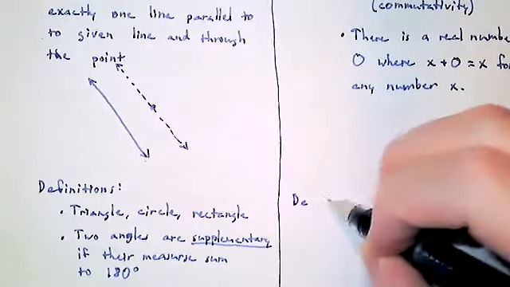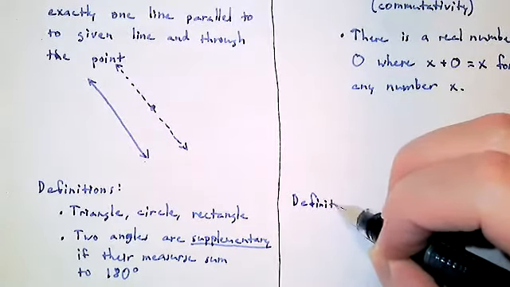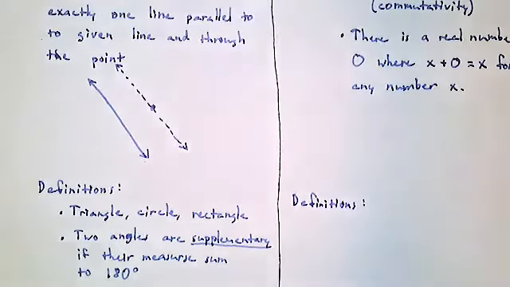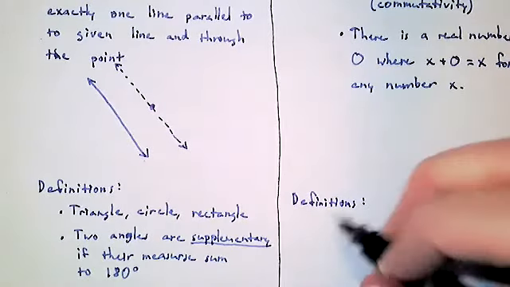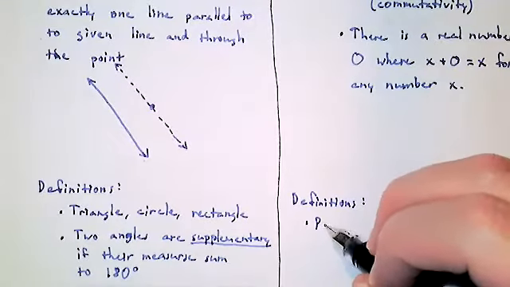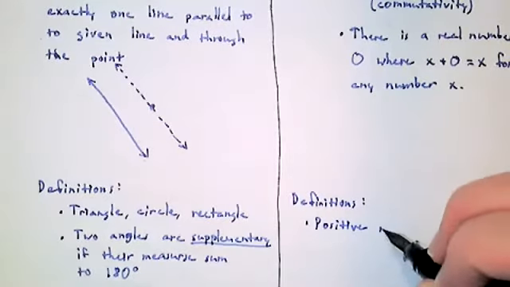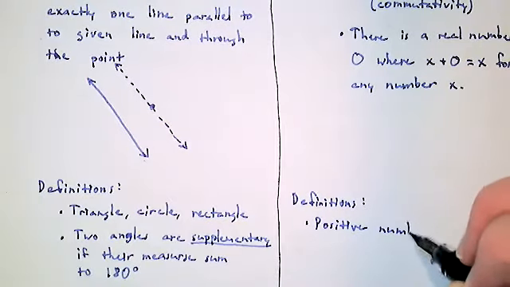So let's go over to the real numbers again and look at some definitions for those. Again, I'm not going to write out the whole technical definitions, but you might want to define the positive numbers. These are the numbers larger than 0.